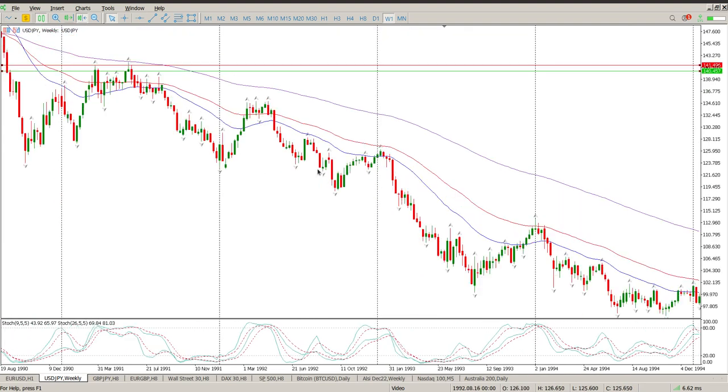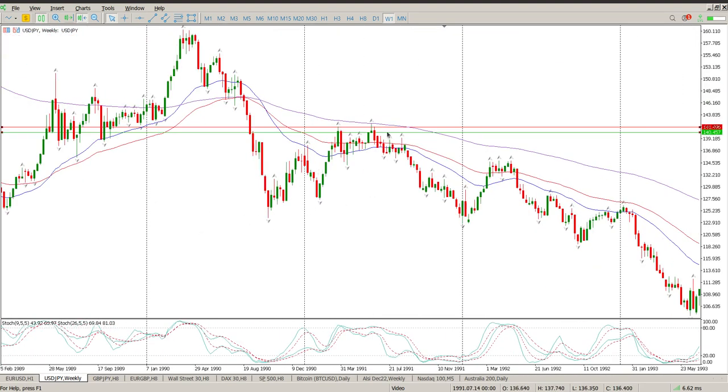Even that doesn't give us anything. There we go. So that is all the way back to 1991, where there was previous resistance. You had quite a bit of weekly resistance there.